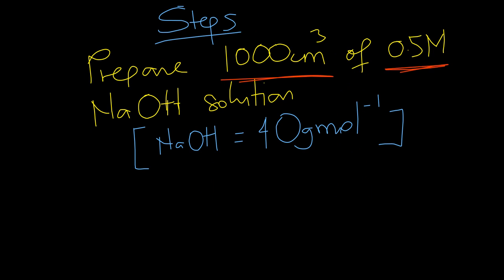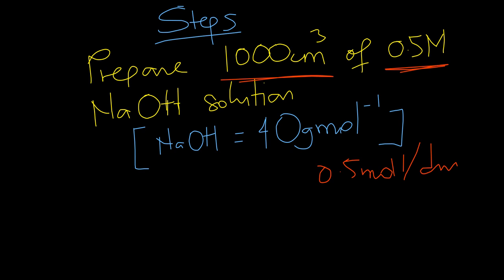In fact, 0.5 molar is the same as 0.5 mole per dm cube. You need to remember that. Same thing. So molar. Now, we've been asked to prepare this solution with this volume, 1000 cm cube.